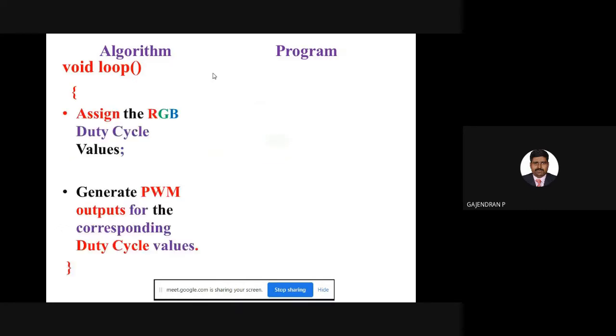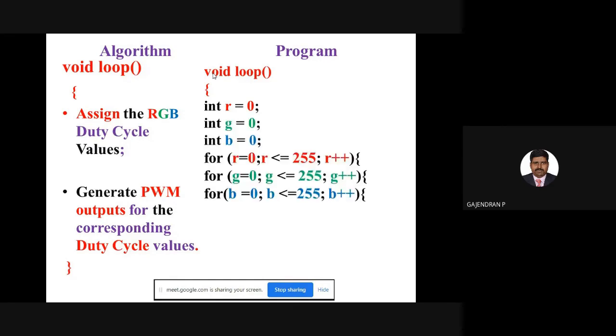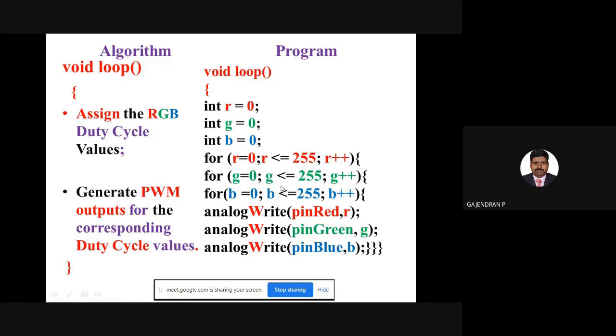What is this change? I am going to assign the duty cycle value in a random fashion, 0 to 255, 0 to 255, 0 to 255. Here you have 3 loops. The very first time I will keep red at 0, green 0, then blue 0. Then the inner loop alone will increment, so red and green remain 0 and I keep changing the blue value.